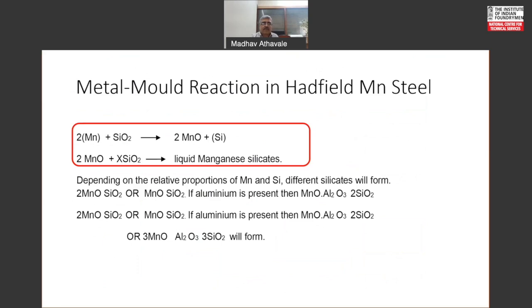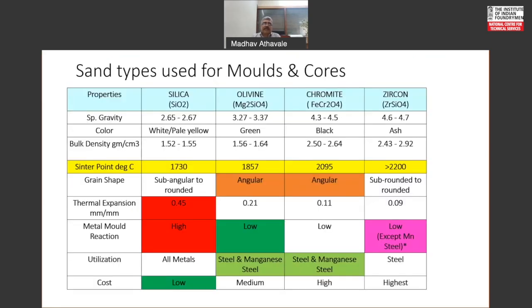Now, the types of sands which are typically used for molds and cores. Most common one is silica. Then relatively less common, but still these days more and more used for manganese, is olivine, then chromite and zircon. Zircon, of course, is common for steel castings. Chromite is used for specialized uses, and can be used for both steel and manganese steel castings.